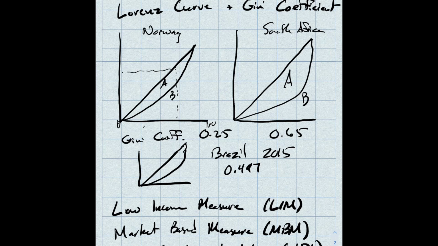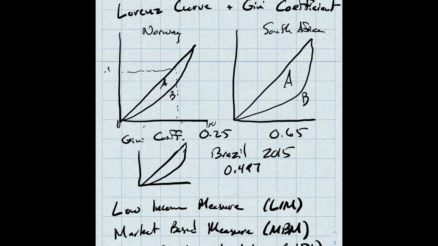If it was perfectly distributed, these lines would be exactly the same, and it would be 50th percentile this side and 50th percentile this side, because you'd have the people matching the wage or the income. Of course, we see that's not the case. We have a gap there.